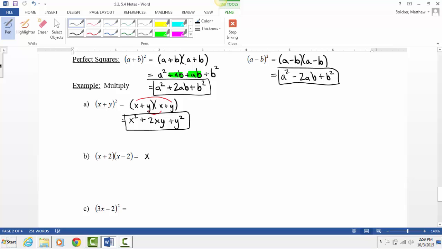So I have x times x is x squared. And then I'm going to write out this next one, but we don't really have to. So we have x times negative 2. Let me write it in a different color. This is negative 2x. And then the inside is 2 times x. That's positive 2x. And what happens with those? They cancel. They will always cancel with the difference of squares.